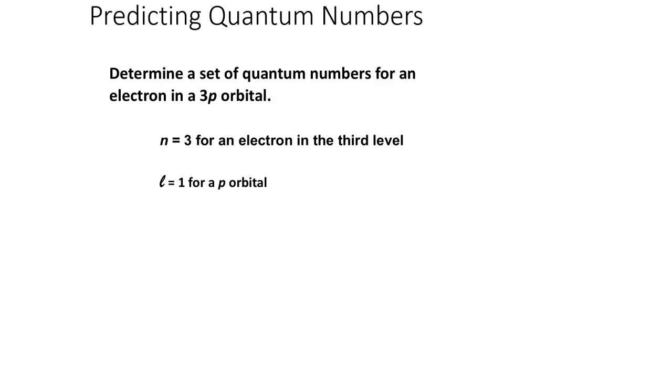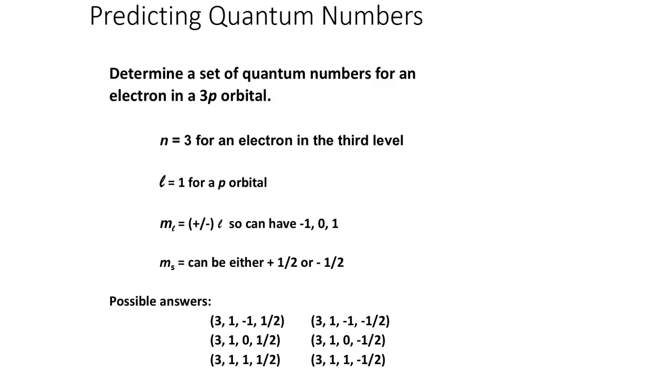If L must be 1, then m sub L, which can go from minus L to plus L, has to be either -1, 0, or 1. And because we are talking about an electron in the 3p orbital, m sub S can be either plus 1/2 or minus 1/2. This leads to 6 possible combinations of quantum numbers that could describe the electron in a 3p orbital.